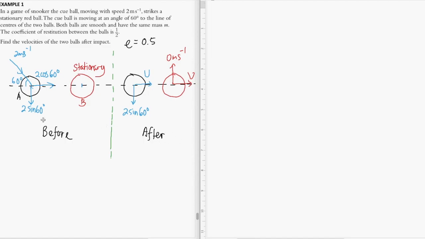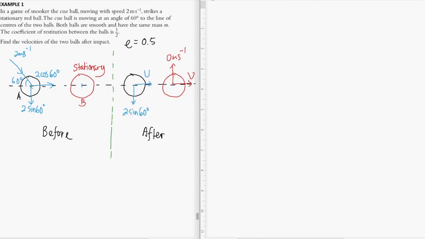So here we can represent the situation before and after with these two diagrams. It's always good practice to write down the vertical and horizontal components before the collision. The red ball initially was at rest. After the collision, the cue ball A would have a horizontal velocity u and a vertical velocity of 2 sin 60 degrees, because there is no change in the vertical velocity.